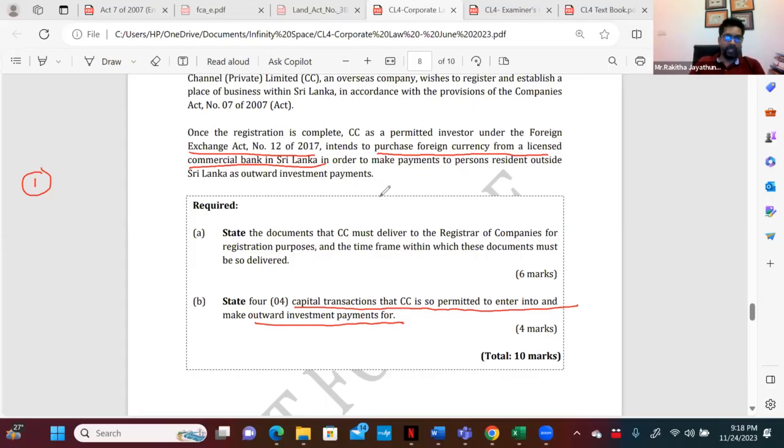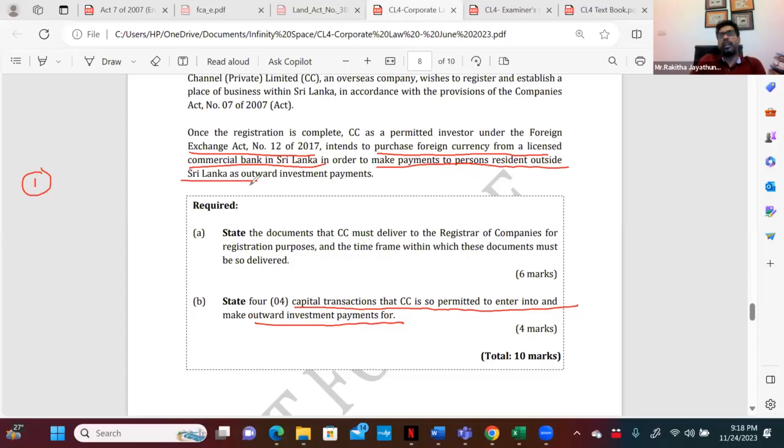Only an authorized dealer, such as a commercial bank, can issue foreign currency. Not every bank or every person can issue foreign currency. So they can issue foreign currency to this company to make payments to residents outside Sri Lanka.